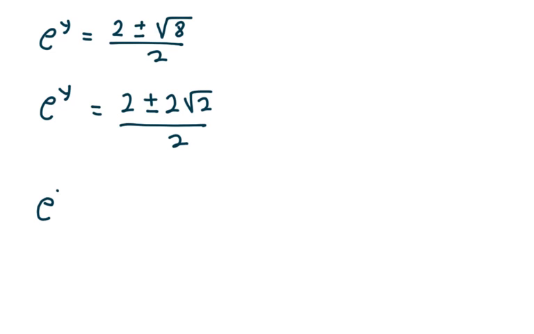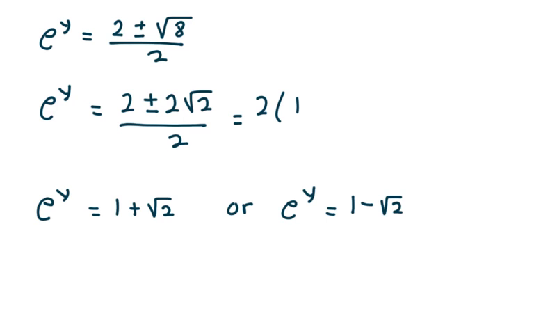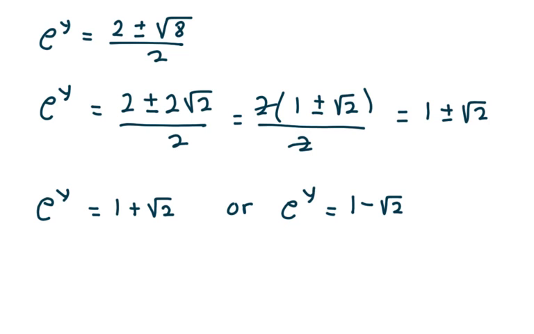And so either e to the y is 1 plus the square root of 2, or e to the y is 1 minus the square root of 2. Because keep in mind, I could factor out a 2 from the numerator and get 1 plus or minus the square root of 2 divided by 2. But the 2's cancel, and you get 1 plus or minus the square root of 2. Okay? I hope that makes sense.